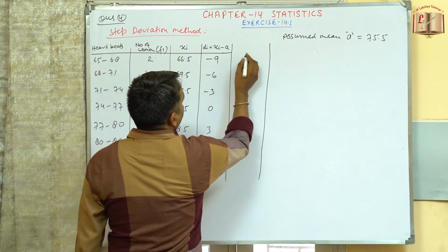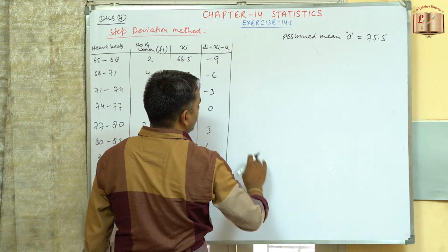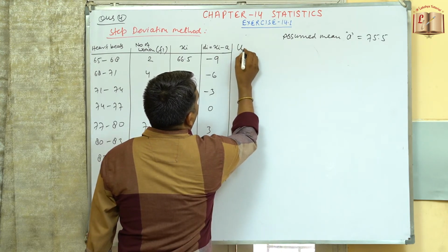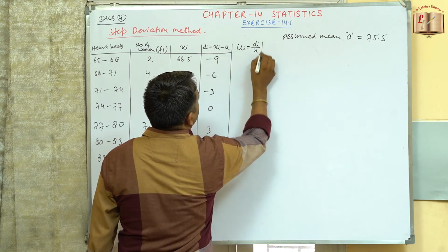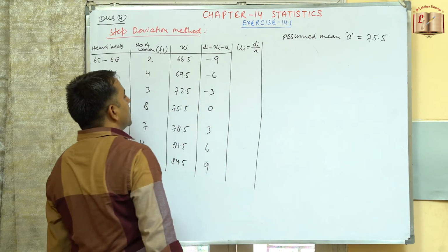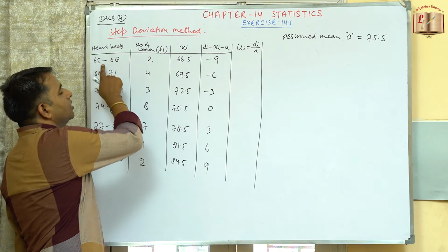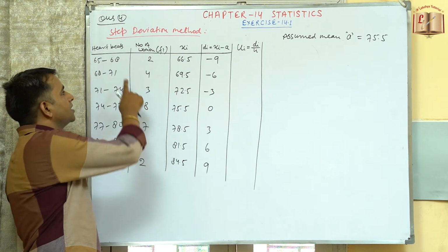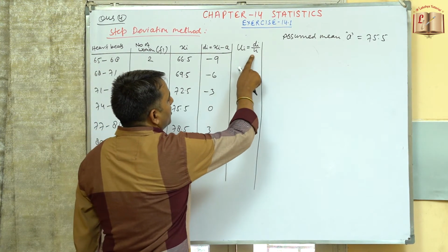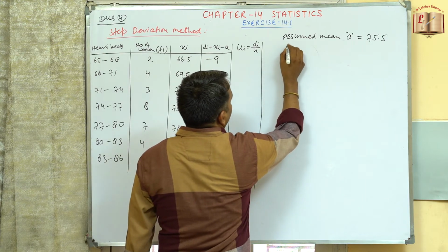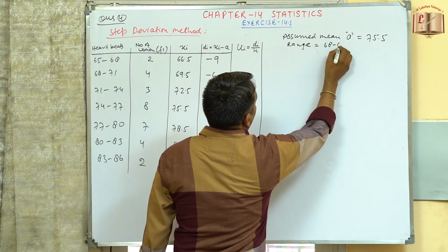Now again we will calculate, here the value of U will be calculated. So Ui will be equal to Di divided by h. So Di divided by h, h is the height. Height means this is the range between the lower and upper limit. So the range between lower and upper limit, how much is it coming, 68 minus 65, this is 3. So we can write height of the range is equal to 68 minus 65.